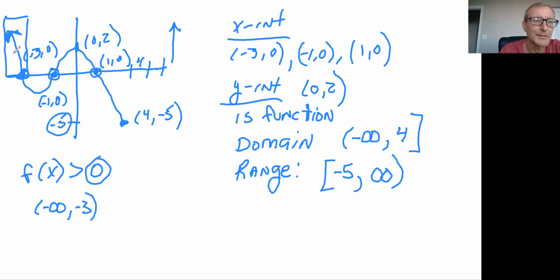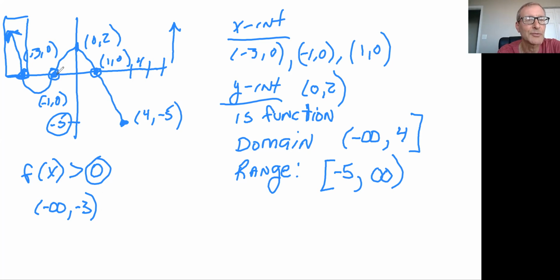So the domain of that is defined as -infinity all the way down to -3. And the reason why the parentheses is here is that there's no equal sign here, so that dot is not included. This is below the x-axis, so we don't want to include that.